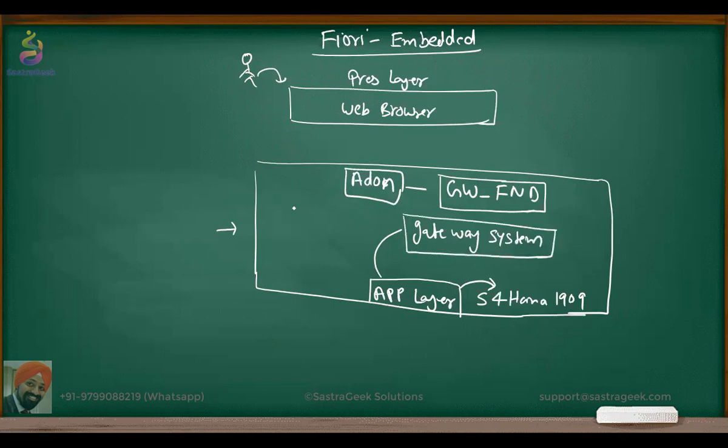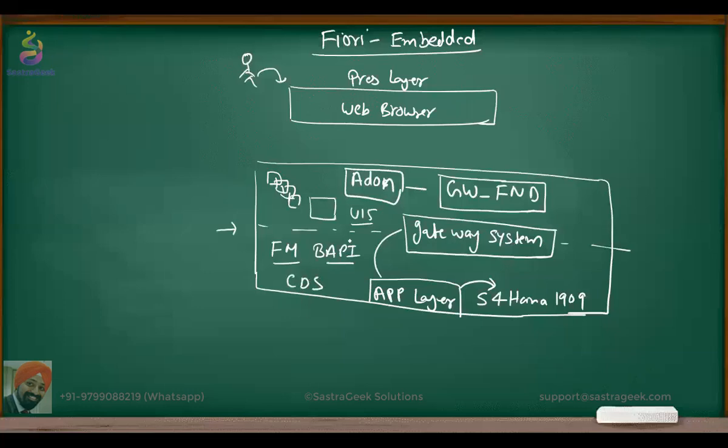All of the components which we have discussed, your applications, your LaunchPad, UI5, all the things would be there. And in parallel to that, your function modules, BAPIs, CDS views, everything is also there.